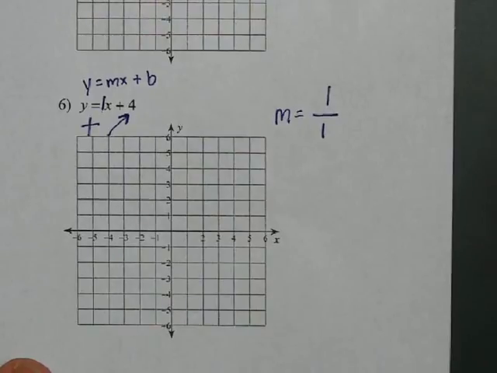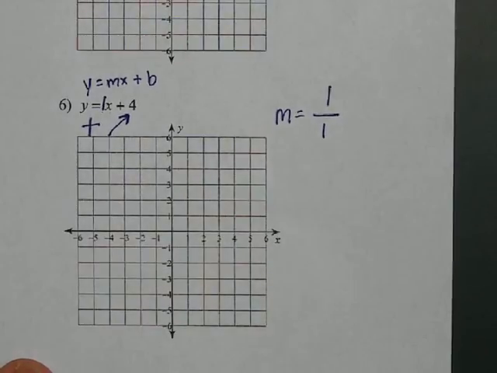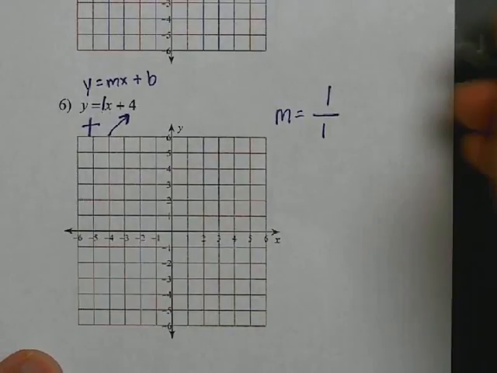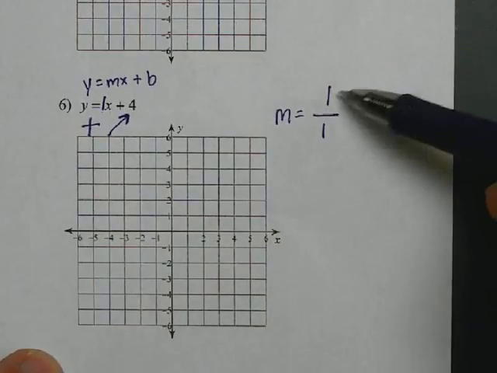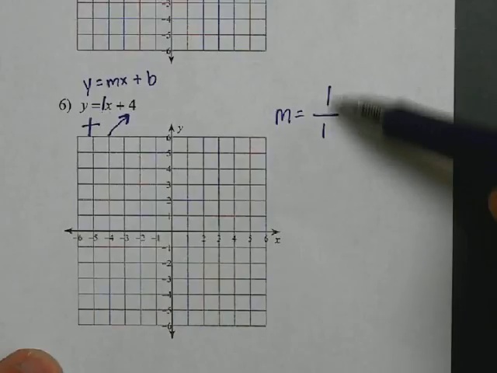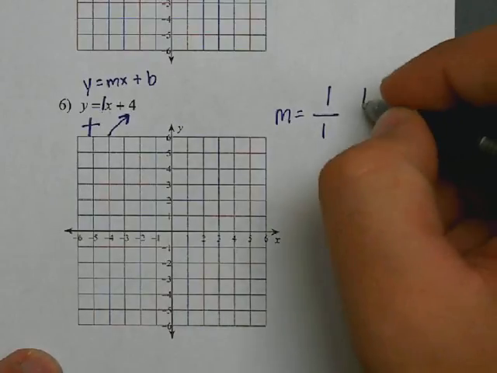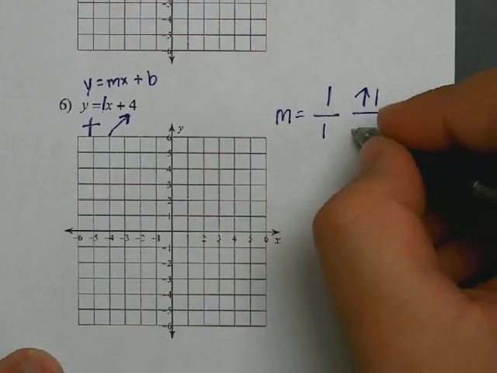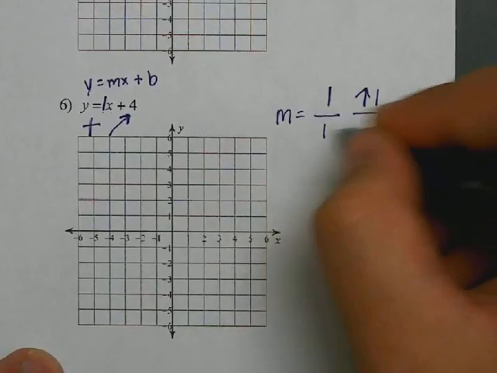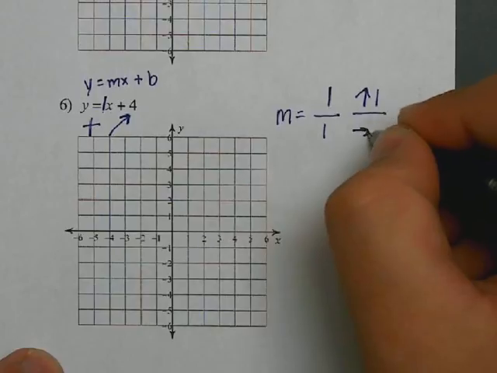Then your fourth step is to direct the slope. Remember, it's change in y over change in x, so vertical change over horizontal change. A positive 1 would go up 1, and a positive 1 on the horizontal axis would make you go right 1.